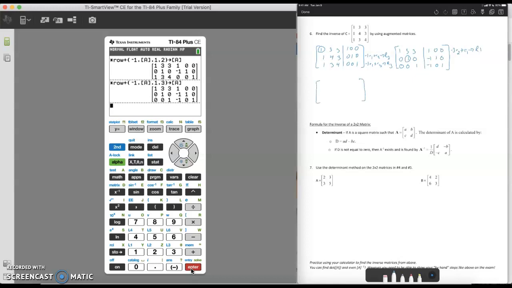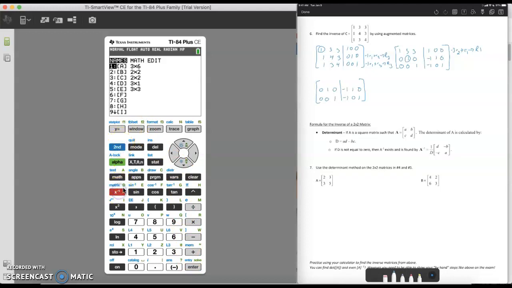All right, so we're only changing row 1, so I'm going to go ahead and recopy down my row 2 and my row 3 for this iteration. And then I'm going to go to my calculator to do a second matrix math. Another times row plus is needed.